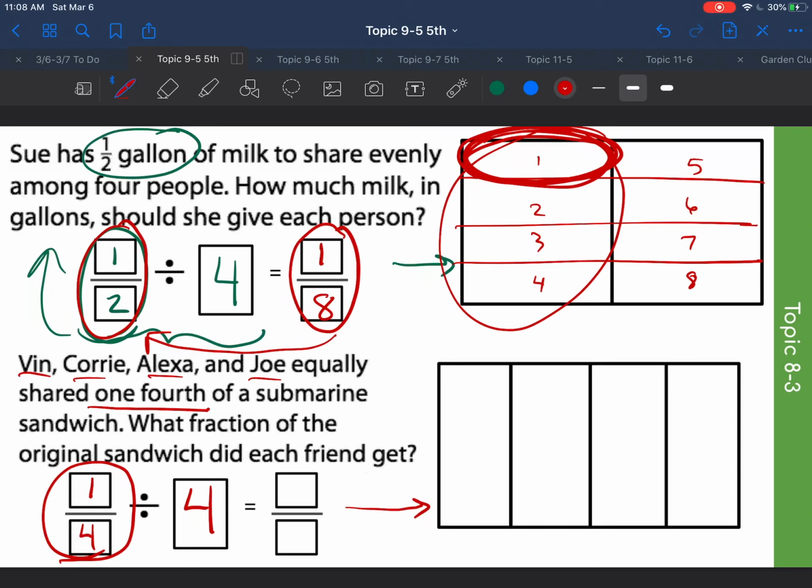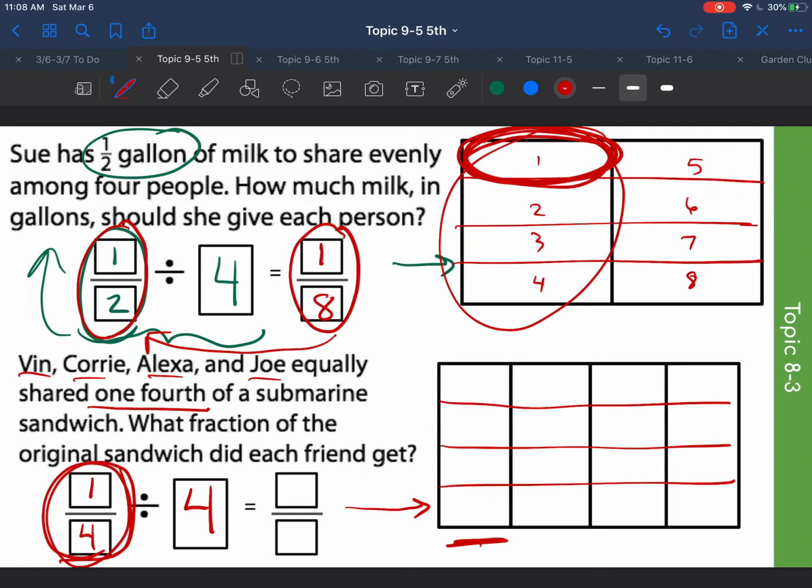So in my model, I have it already split into fourths to represent the 1/4 of the sandwich they have. Okay, and then horizontally, I'm going to split it into an additional fourth to figure out how many total sections there are and how many each friend is going to get. So copy and paste those lines from above. You can draw another 4.